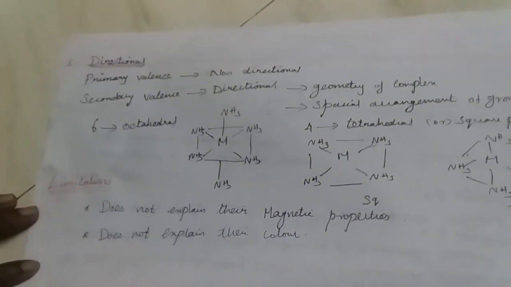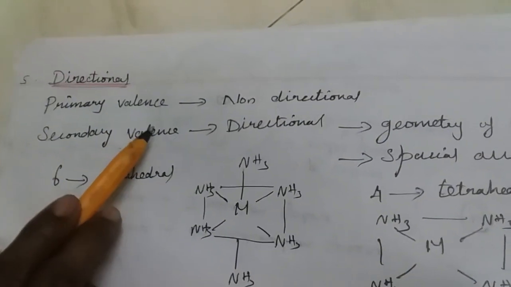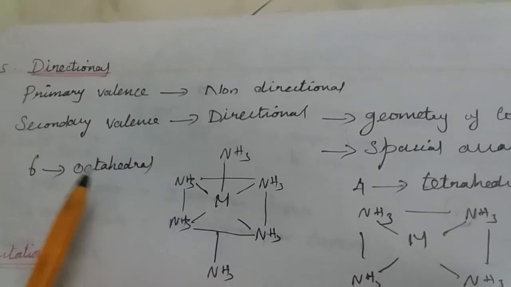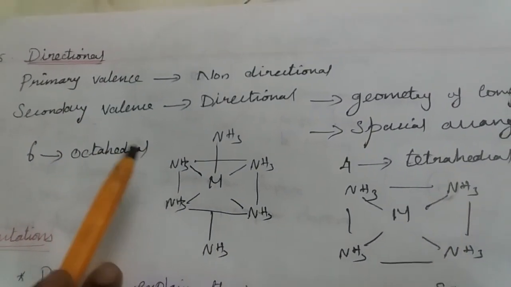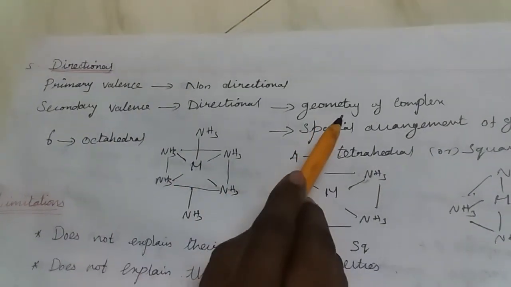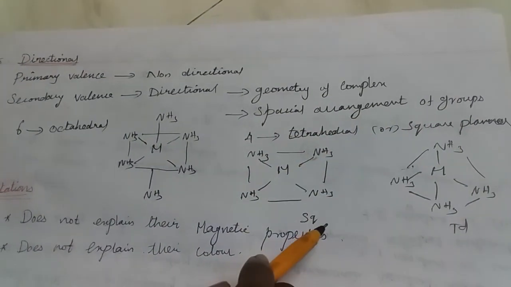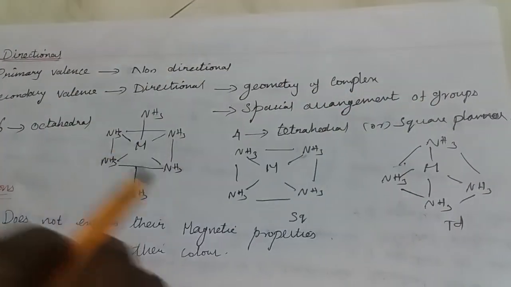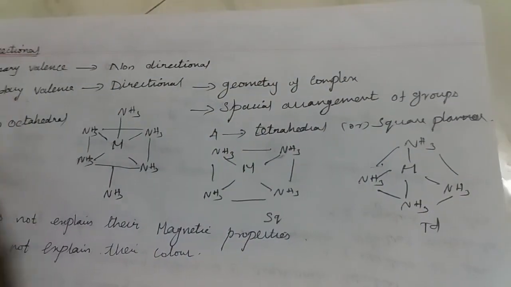Another one, directional. The primary valencies are non-directional, while the secondary valencies are directional. The geometry of the complex is determined by the spatial arrangement of groups. Spatial arrangement means the particular place which satisfies the secondary valency.